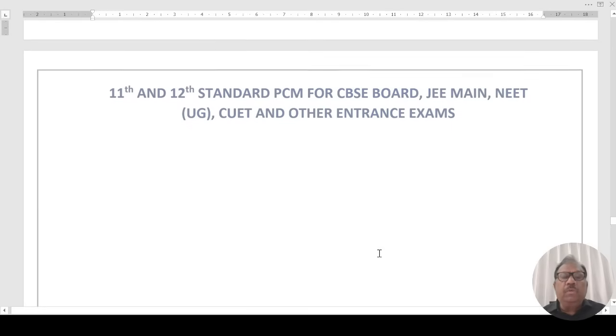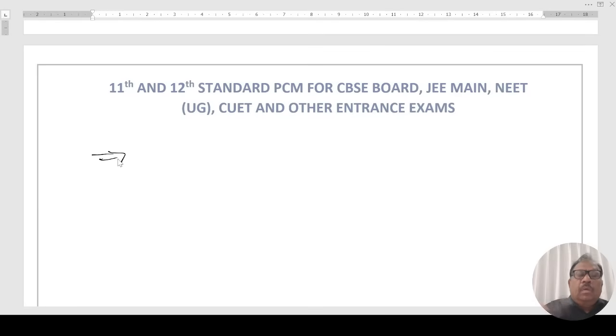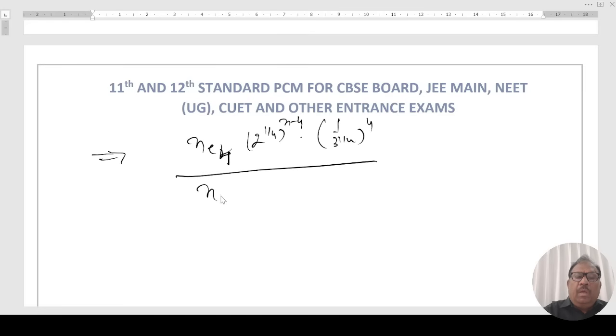Now, on further simplification, we get nC4 a^(n-4), that is (2^(1/4))^(n-4), b^4, that is (1/3^(1/4))^4, upon nC4 (1/3^(1/4))^(n-4) into (2^(1/4))^4, that is equal to root 6 is to 1.